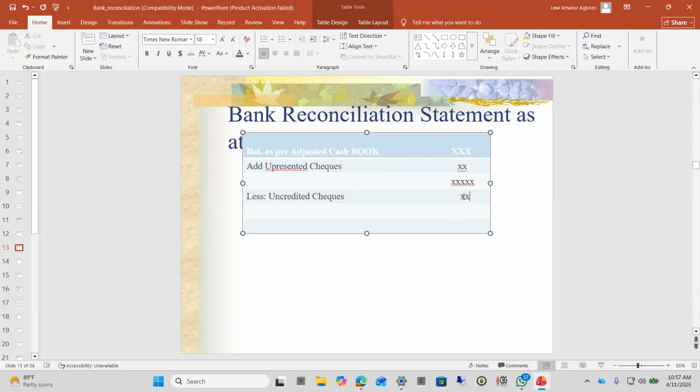And that should give you your balance as per bank statement. When you see this, you know it's balanced. All right.